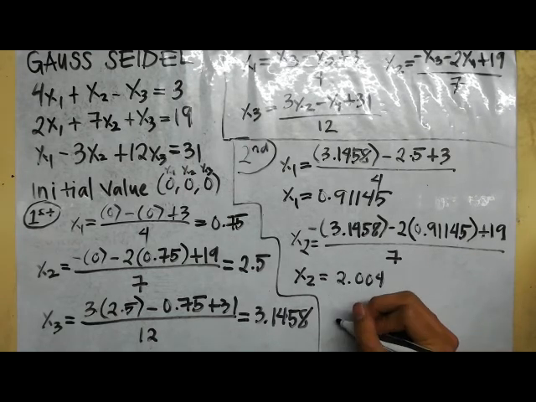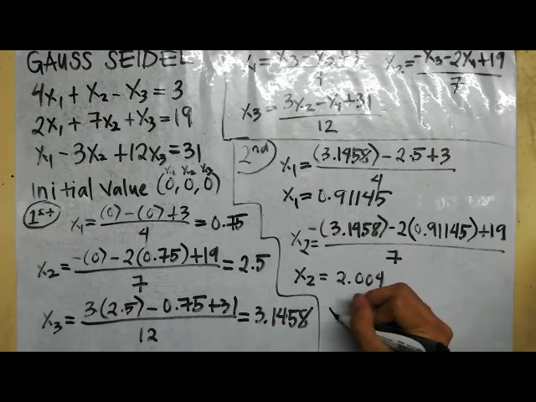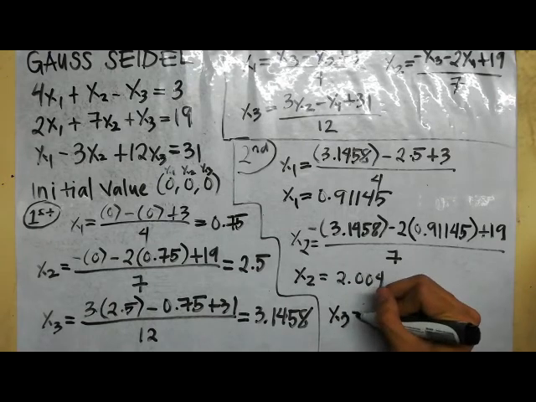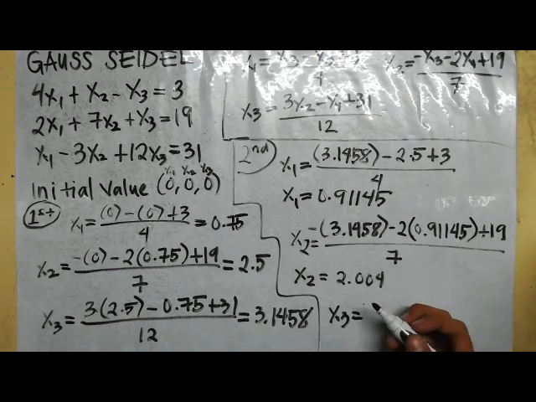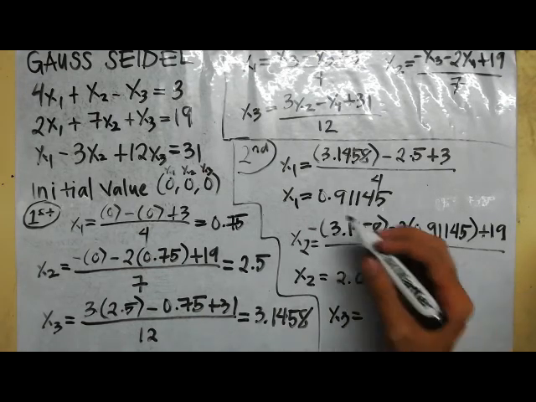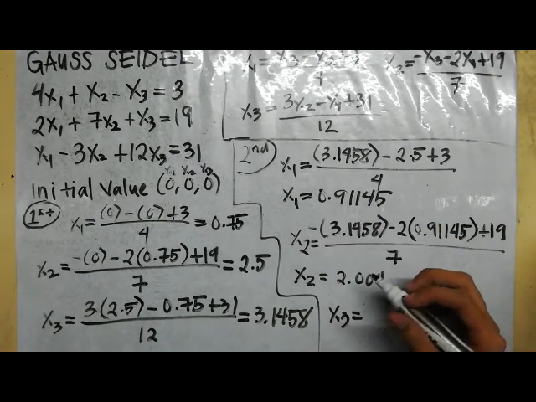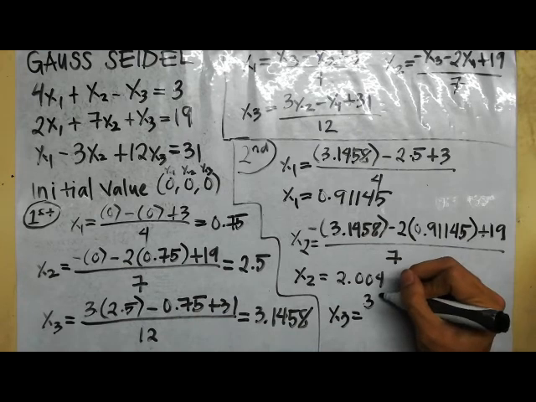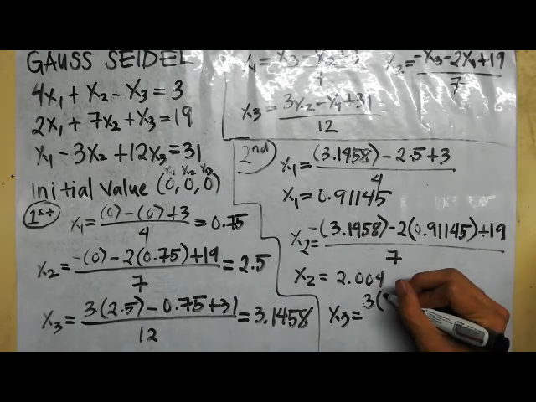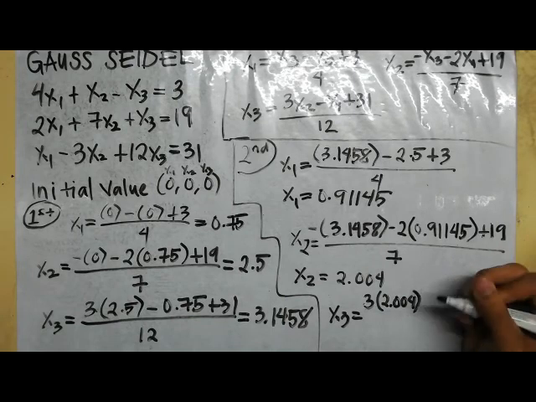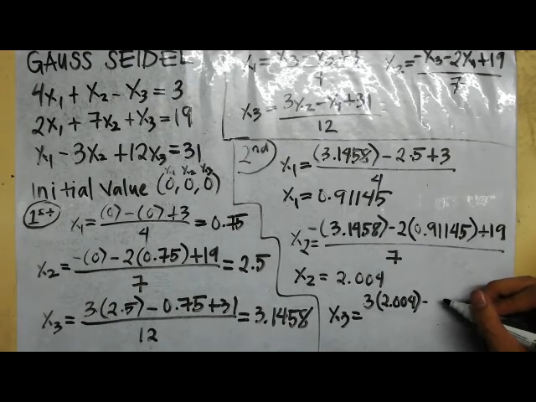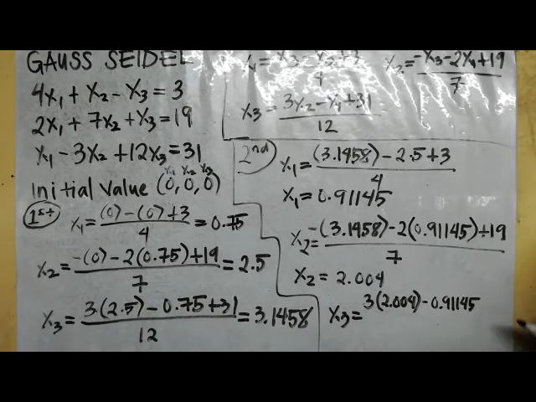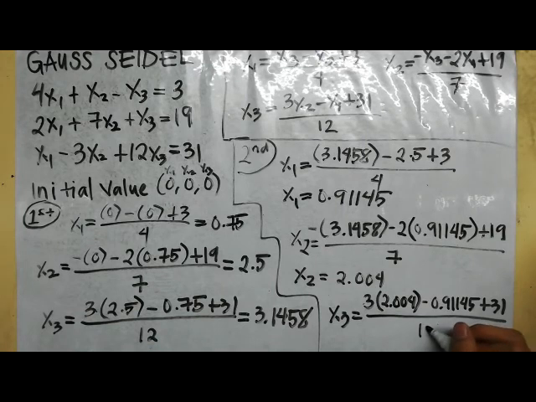And for our x sub 3, we will substitute our new x sub 1 and x sub 2. So we have 3 multiplied by 2.004 minus 0.91145 plus 31 over 12.